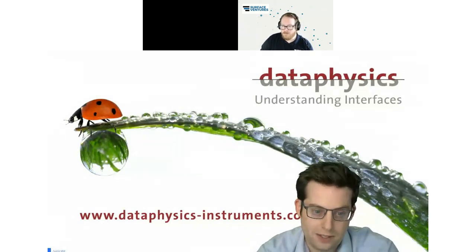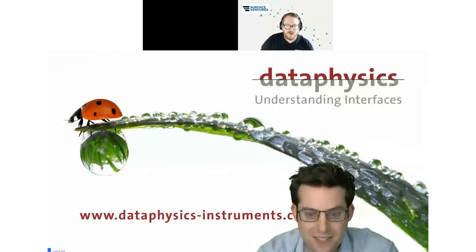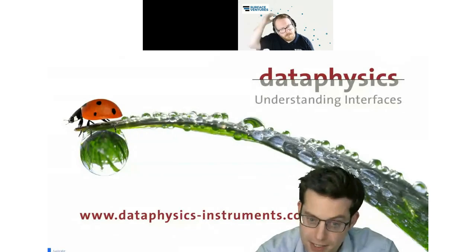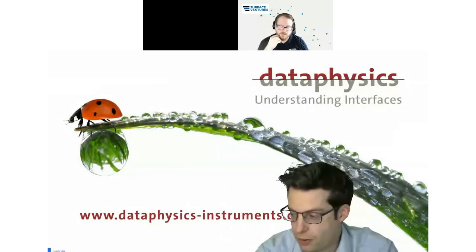Okay, so we got three final questions for this last little bit. The first: how about adhesion measurement on a completely wetted surface where you cannot detach a water droplet? I think in this case, we cannot really determine an adhesive force with our equipment.